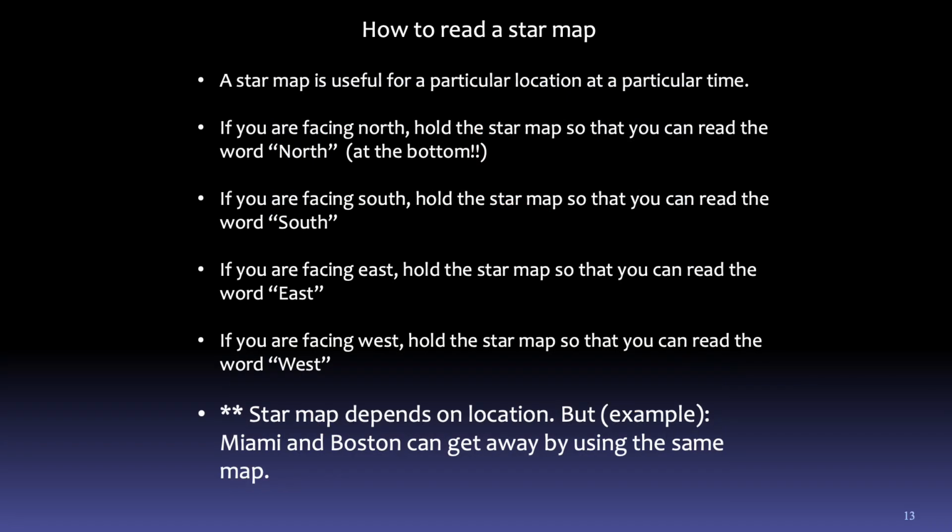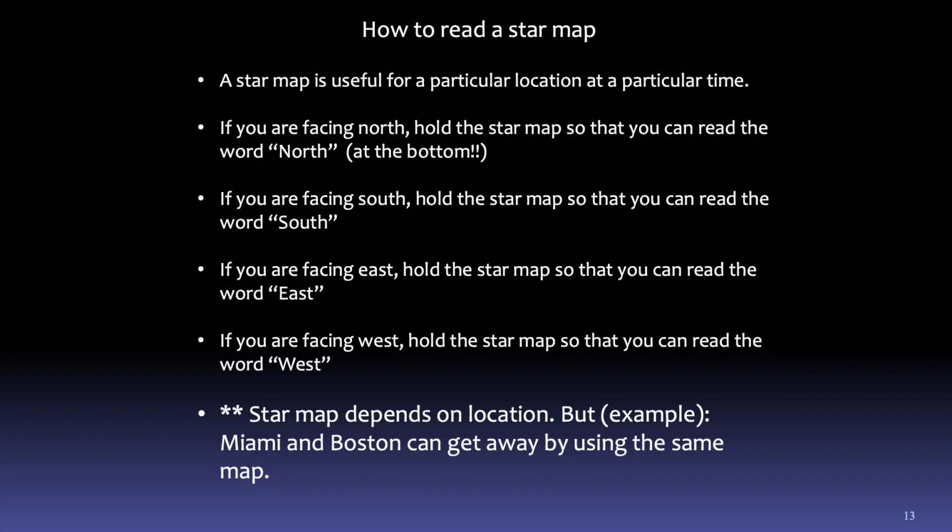The general way to read a star map is actually quite straightforward. Whatever direction you are facing, let's say north, you rotate and hold the star map so that you can read the word north at the bottom. If you're facing south, you hold it so that you can read the word south at the bottom.